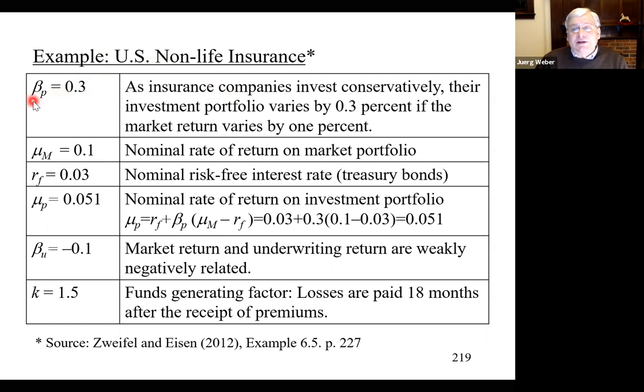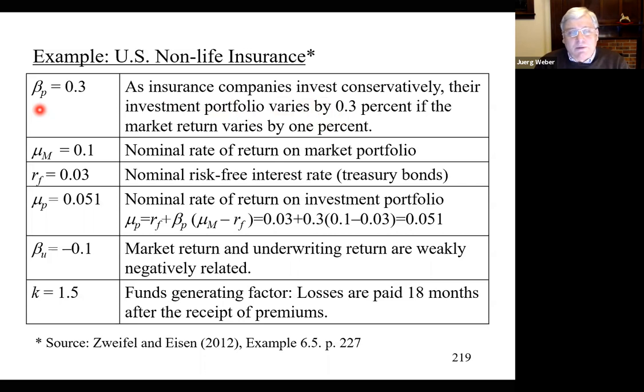You see, they avoid risk. So a change in market return by 1% will cause only a change in the portfolio of the insurance company by 0.3%. The portfolio of the insurance company is more stable than the market. And that's because they invest relatively conservatively.